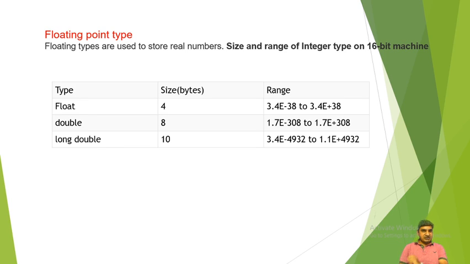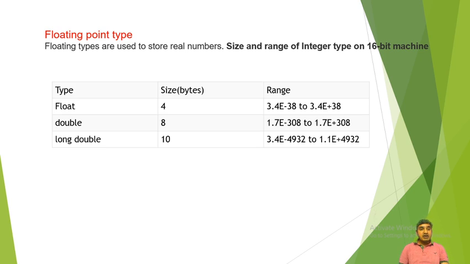First is float. The size is 4 bytes, which means 32 bits. The range is 3.4 e raised to minus 38 to 3.4 e raised to plus 38, or 3.4 into 10 raised to minus 38 to 3.4 into 10 raised to plus 38.